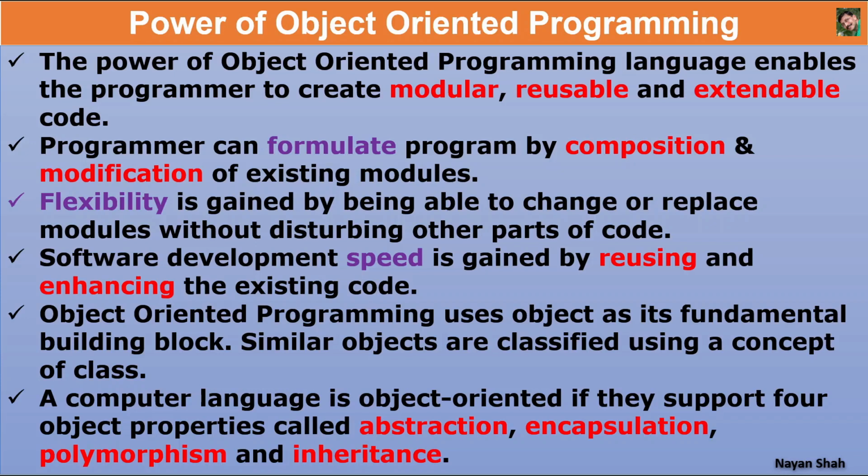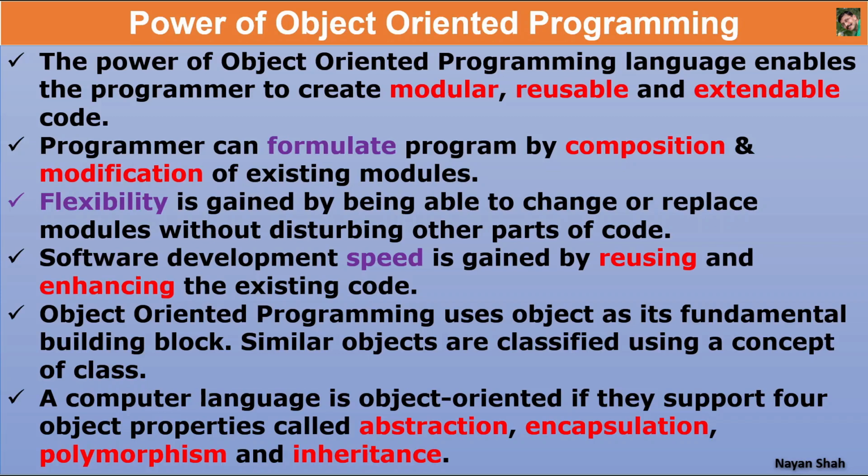So that is modularity. Reusable means if you have written some code and the same code you want to use somewhere else in your program, you can reuse that code without writing that code again. So that is reusability.